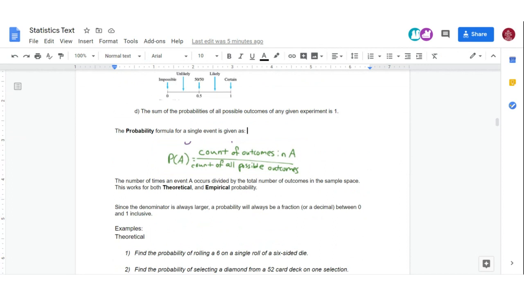And I say this because sometimes there are books that, how would I say this, belabor the fact, and they like to give formulas so much that they give formulas for both theoretical and empirical, or what they call experiential probability, and they're really the same thing.